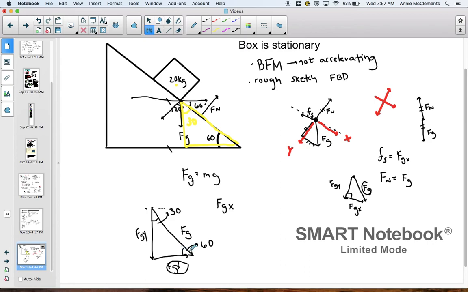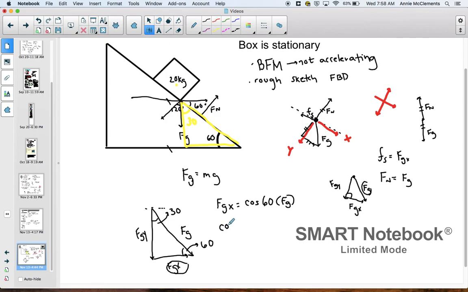I'm just going to use the 60 degree angle. Fgx is going to equal cosine of 60 times Fg. This should look similar to the work that we did with projectile motion. Remember, the cosine of this angle equals adjacent over hypotenuse.